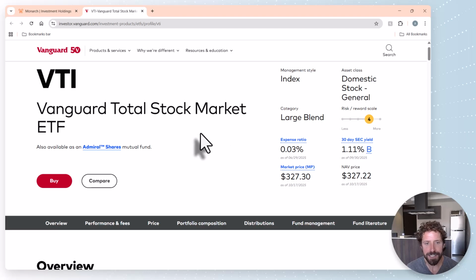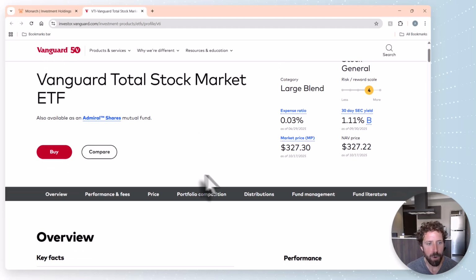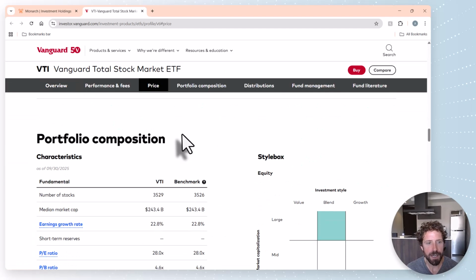But let's get into the actual portfolio composition here. You can see here the number of stocks that we have in the fund. So 3,529. Guys, if that's not diversification, I don't know what is. Now, of course, that is all US stocks.